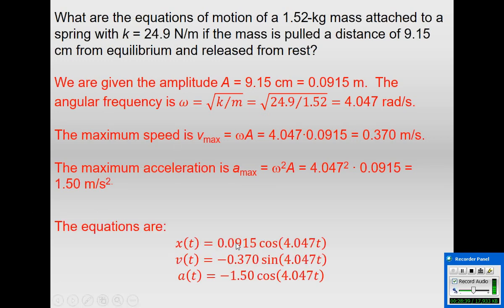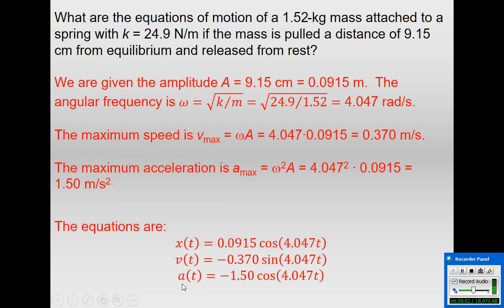The displacement as a function of time, 0.0915 times the cosine of 4.047 t. That's A times the cosine of omega t. The velocity as a function of time, minus 0.370 times the sine of 4.047 t. That's minus omega times A times the sine of omega t.